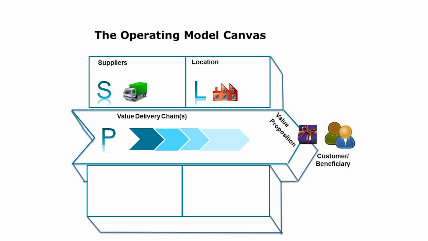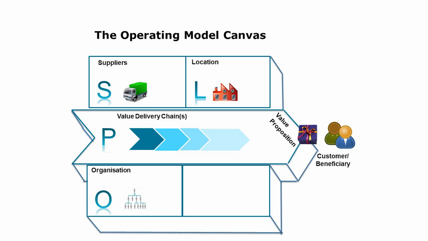Below the middle arrow are 2 boxes. On the left-hand side is a box for organization. This is for capturing information about the people who are going to do the work in the middle arrow, how those people are going to be structured into some kind of organization, who's going to report to whom, and what decision authorities different parts of this organization are going to have over the work.